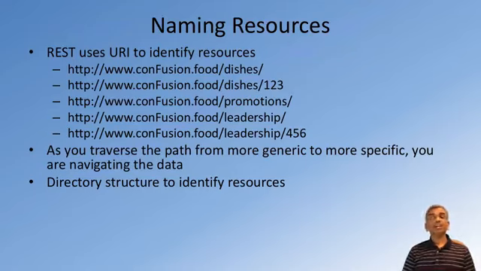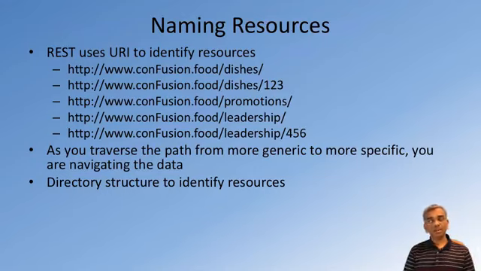But dishes/123, for example, might mean dish number 123 in this case, and so on. So it is very easy to say that you can specify a collection of resources and identify them as a collection and then download them as a collection, or you can identify an individual resource and say that you want that particular resource.